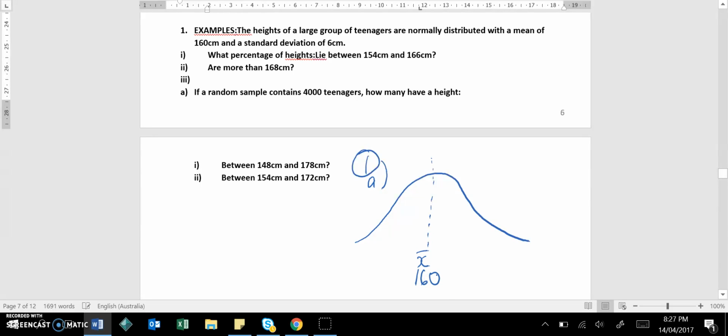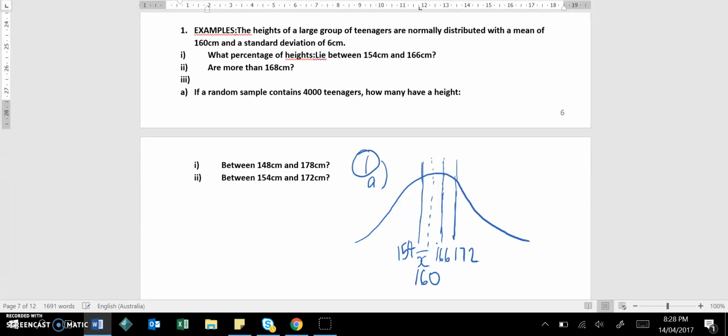It tells me that the standard deviation is 6. So that tells me that up here to the right of it, that line there is 166. Then the next line is 172. The line down here, one to the left, is 154, etc. Okay, you've got gaps of 6 because that's the standard deviation. So the standard deviations are the gaps in the lines.